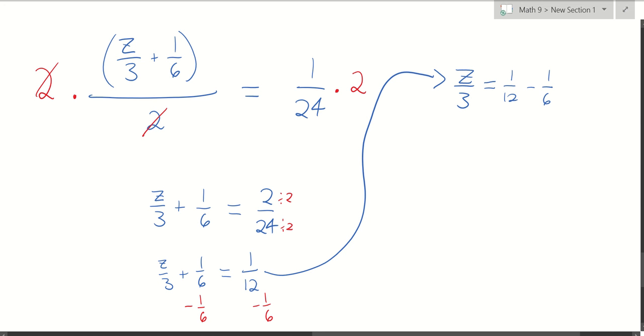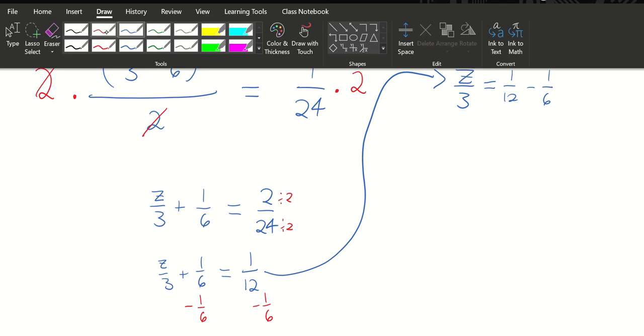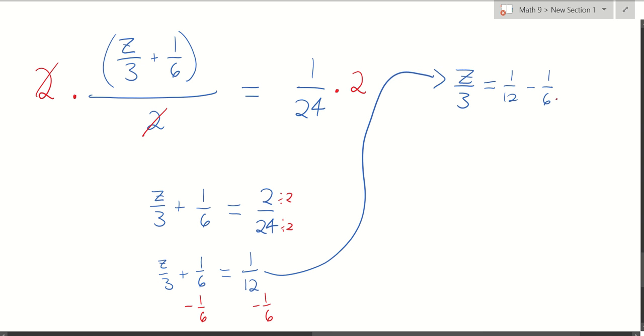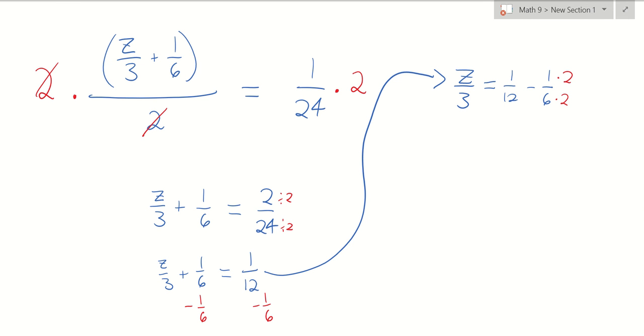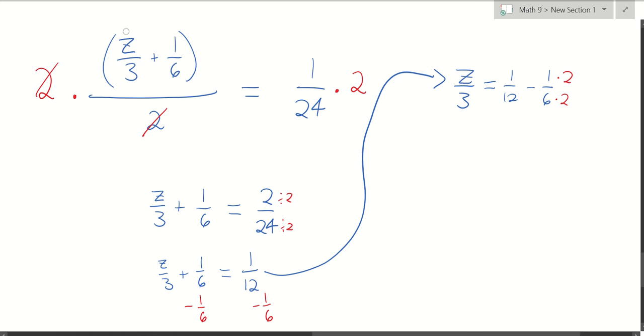And I can perform this subtraction as long as we have a common denominator here. The lowest common multiple for both of these denominators is 12. How do we turn this 6 into 12? Multiply it by 2. When we do that, we can see that z over 3 is equal to a 12th minus 2 twelfths.